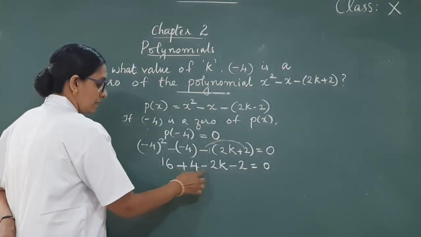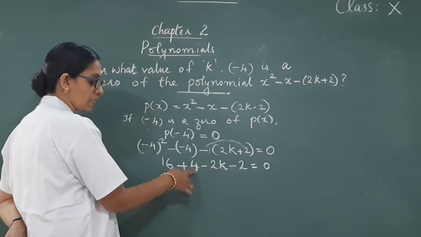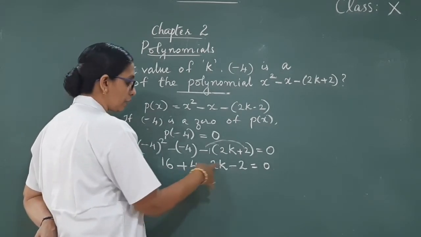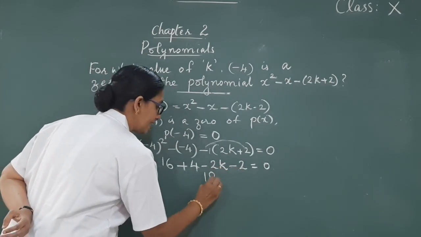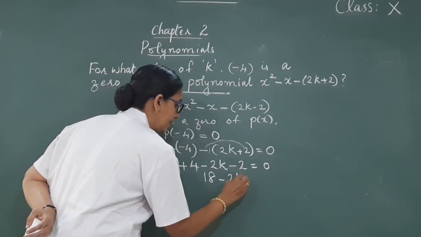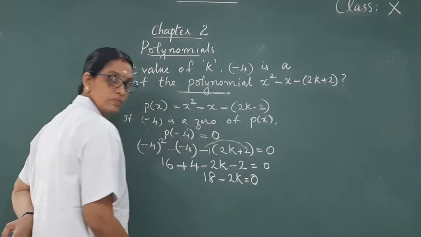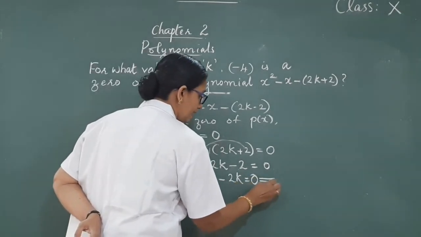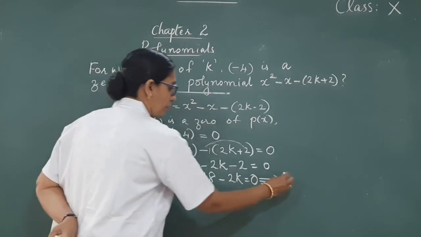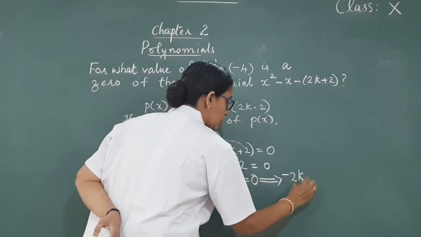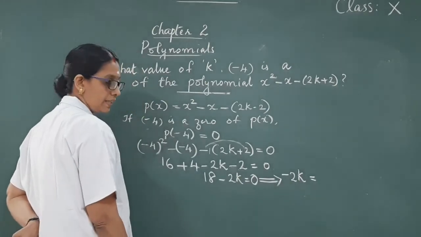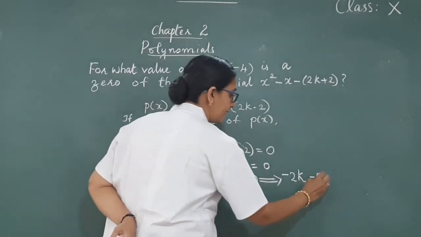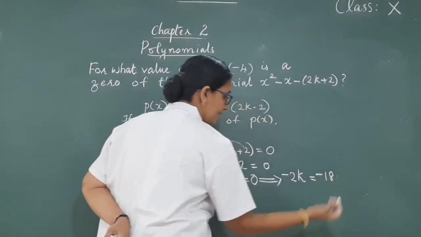Then simplification: 16 plus 4 is 20, 20 minus 2 is 18. 18 minus 2k equal to 0, which implies minus 2k equal to, here this plus 18 will come as minus 18. 0 minus 18, it is minus 18.